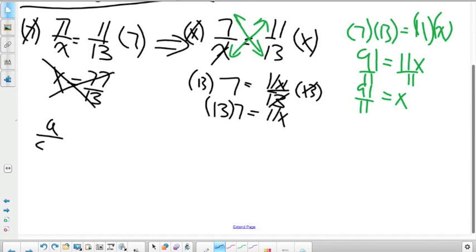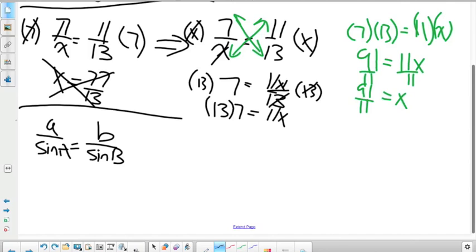We have a over sine of A is equal to b over sine of B. We know the side lengths, so maybe 3. We're trying to figure out what the angle, big A, is, equal to 5 over sine of 55, let's say.